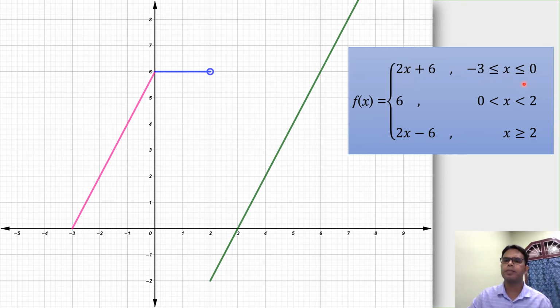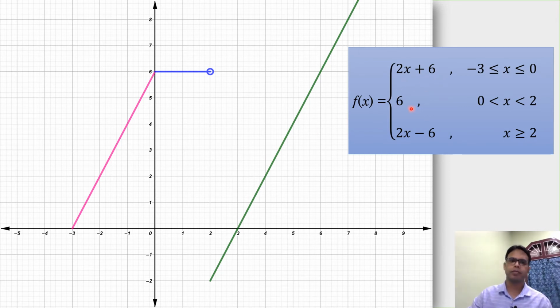So from -3 up to 0, this is the straight line graph, because at the point -3 it is 0 using this value, and at the point 0 f(x) is 6. So joining the two points (-3, 0) and (0, 6) we get the graph of the function 2x plus 6.